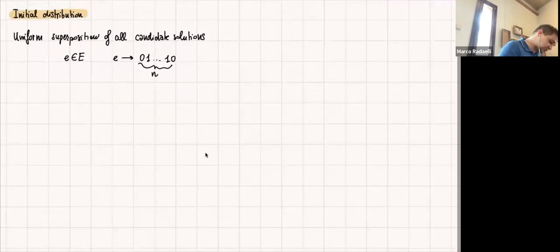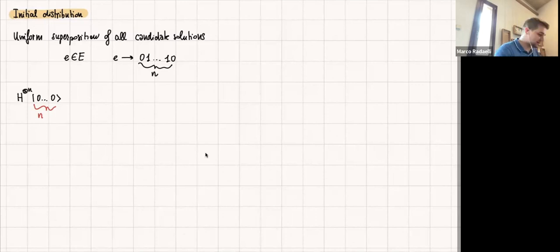Now, what we will do is first to create the superposition. The way to create a uniform superposition of many different solutions is a common trick in quantum computing. So we start from a ket, a state, which is like this, of length n, and we apply on it a Hadamard transformation tensorized n times.